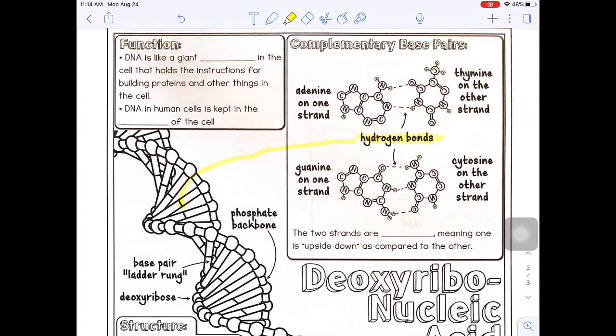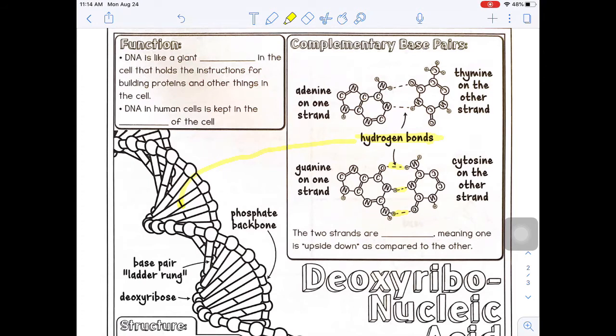So hydrogen bonding is intermolecular bonding between two different molecules. All of these would be what kind of bonds in here? These are covalent bonds within the molecules. So here's hydrogen bonds. A and T, we need to know that there are 2 hydrogen bonds that hold those two together, and that guanine and cytosine use 3 hydrogen bonds to hold that in place.